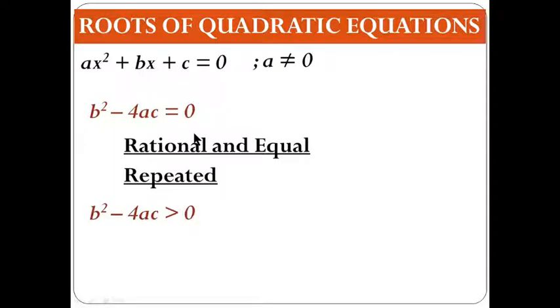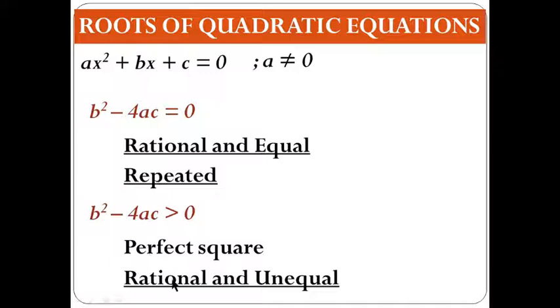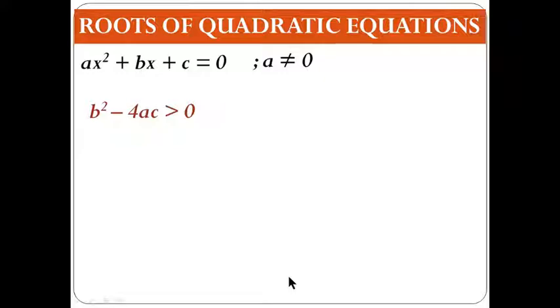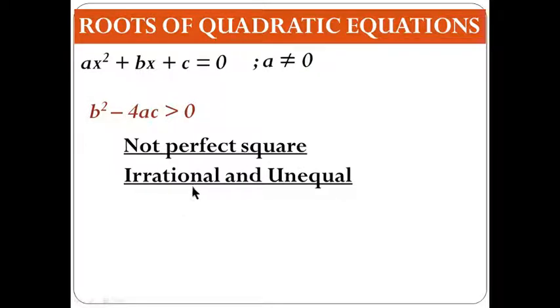So, kapag ang discriminant naman ay greater than 0 and it is a perfect square, yung kanyang roots ay rational and unequal. So, kapag ang discriminant ay greater than 0 again, but not a perfect square, ang kanyang roots ay irrational and unequal. And if the discriminant is less than 0, the roots ay imaginary.